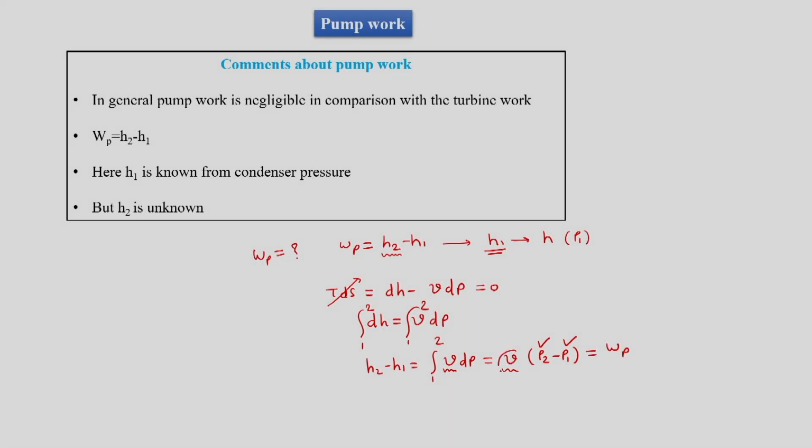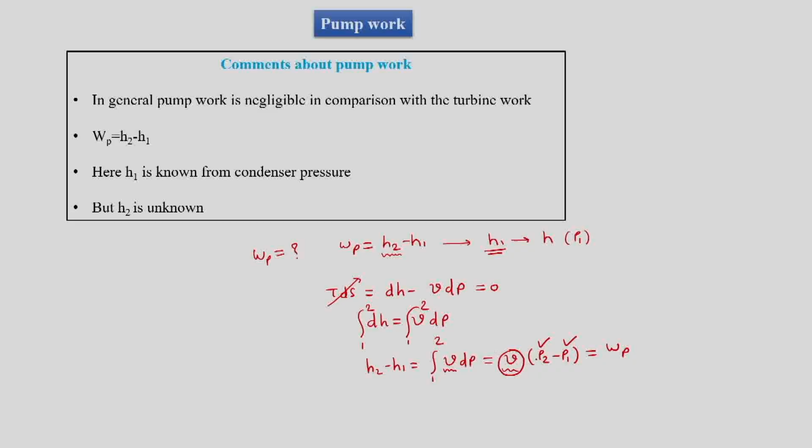So this v is practically considered as the specific volume corresponding to the pressures P2 or P1, and the pressure we are talking about is P1. So we can say that this is equal to v1 into P2 minus P1.